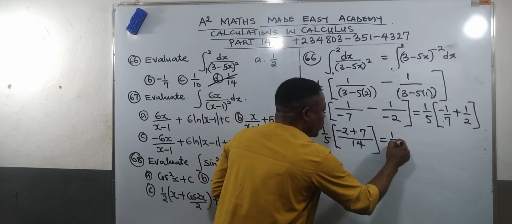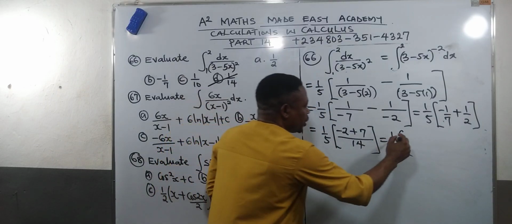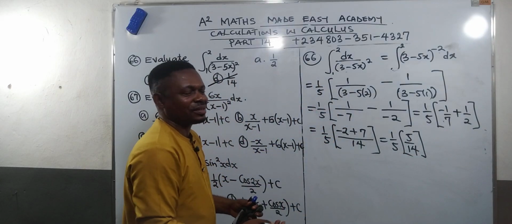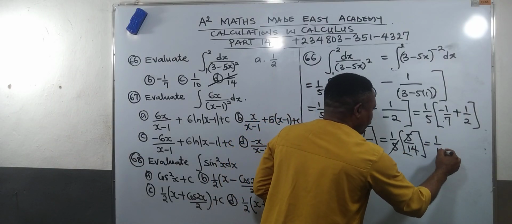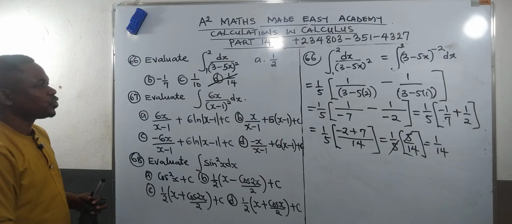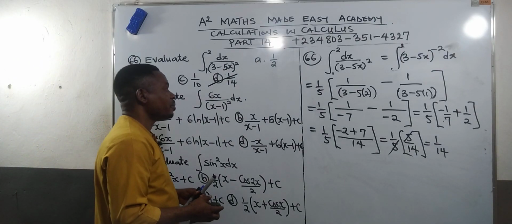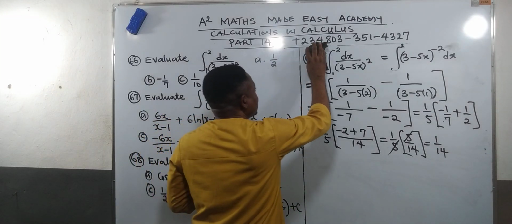It will now become 1 over 5, open. Now minus 2 plus 7 will give me 5 all over 14. Can you see that it is the same thing? 5 up will cancel 5 down. What is remaining? 1 over 14. So which means the correct answer is option D. And that is what we call integration by substitution method. Can we move to question number 67?